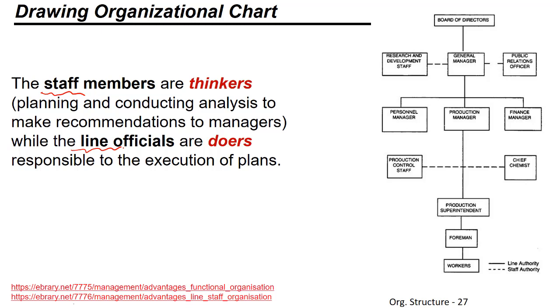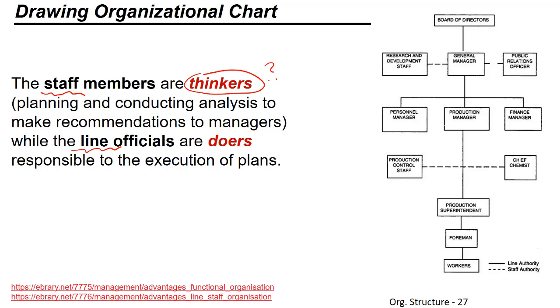The staff members are here, they call them thinkers. Personally, I don't like the term, but they are the ones doing some planning and analysis. They're not the ones carrying out the plan. They're making recommendations, suggestions, so they're in the more advising role or analytical role.